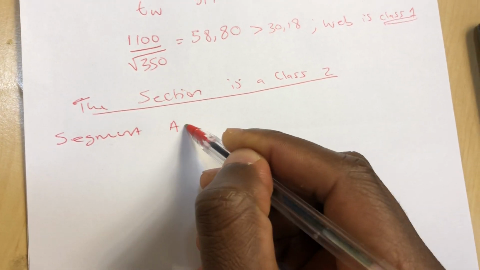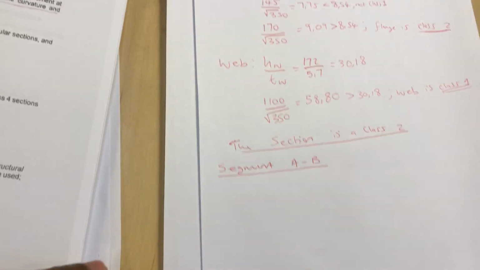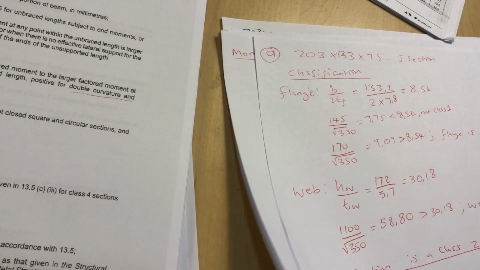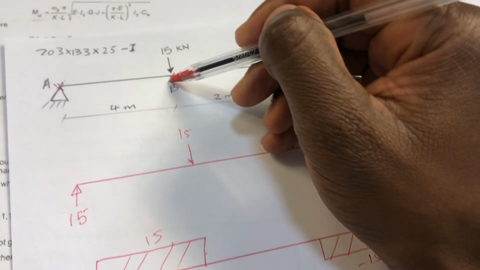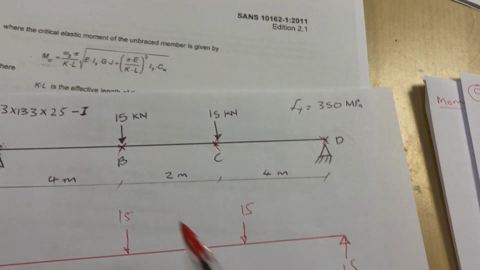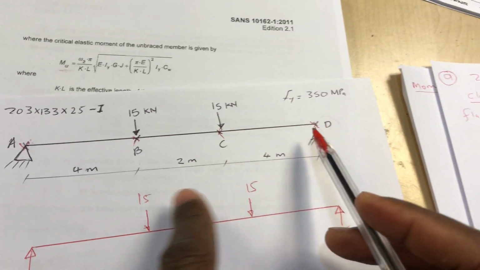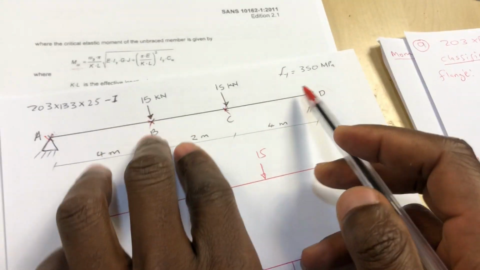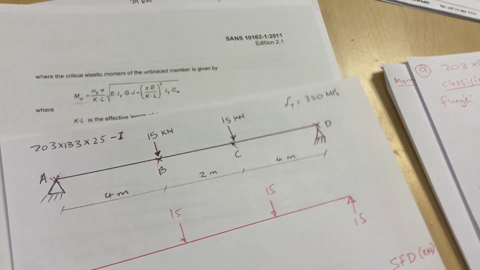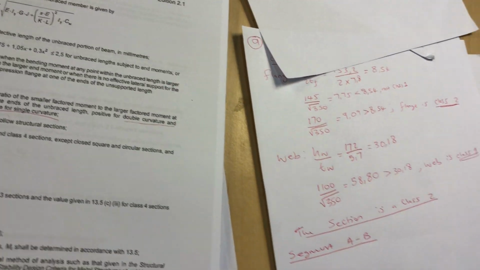I'm going to take segment A to B, because this beam is supported between A and B, between B and C, and between C and D. So I'm going to deal with my calculation in segments. It's not like a simply supported beam where there are no supports in between. So now I'm going to separate it and take segment A and B.